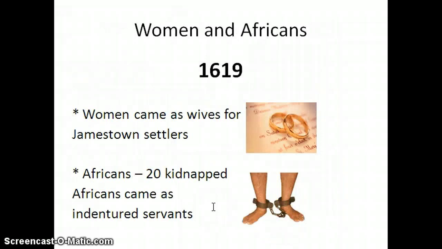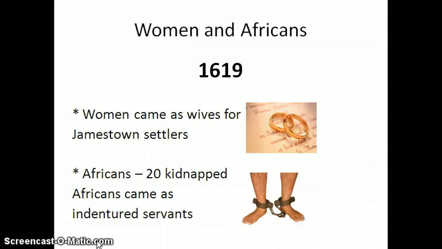While the first settlers in Jamestown were all Englishmen coming from England, by 1619, there were 2 other groups that had made it to Jamestown. First, the women. In 1619, women come to Jamestown as wives for the Jamestown settlers. In order to have a wife, each settler had to pay 120 pounds of tobacco for his bride's passage.